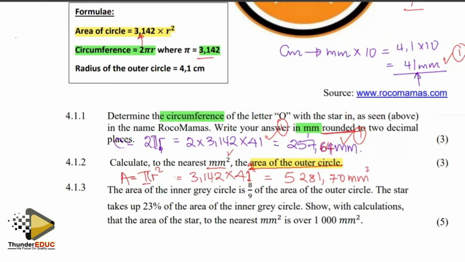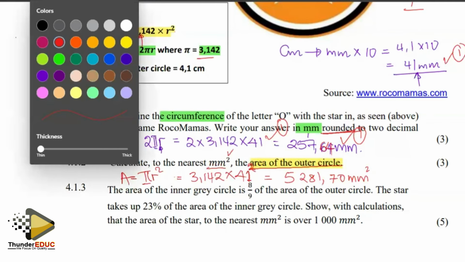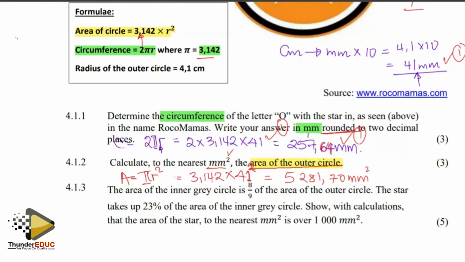Millimeters squared. How do you think this was marked? 1 mark for substitution. 1 mark for getting the answer. Another mark for the unit. Oh, yeah, sorry, not for the units. The other mark is for rounding off correctly.